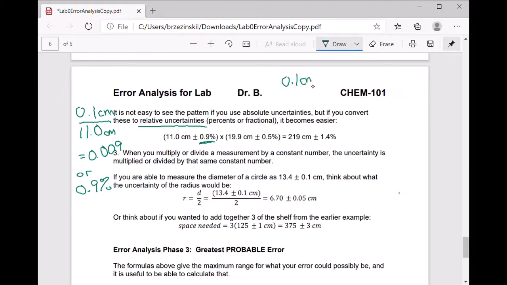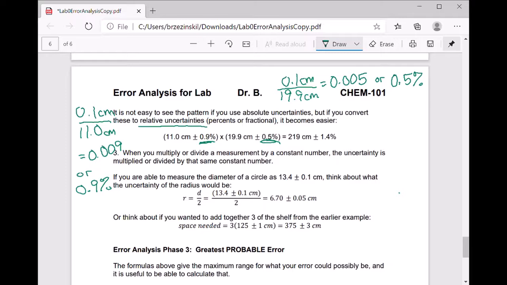0.1 centimeters over 19.9 centimeters is actually 0.005, and then when we write that as a percent, it becomes 0.5%.